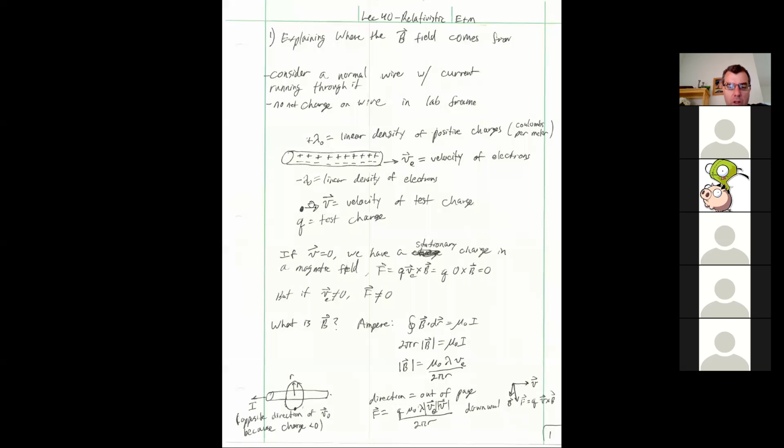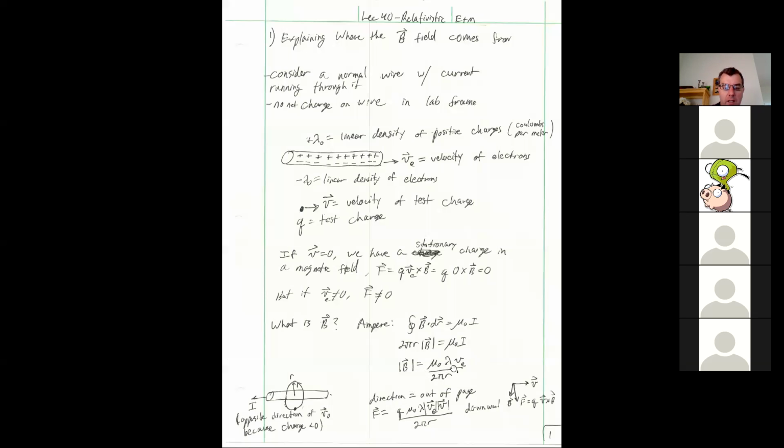If we draw a loop around the wire, then we take the integral of the magnetic field along that loop, and we'd have B times 2 pi r equals mu naught times the current, and the current is the number of charges per length times the distance traveled per second, so lambda v.